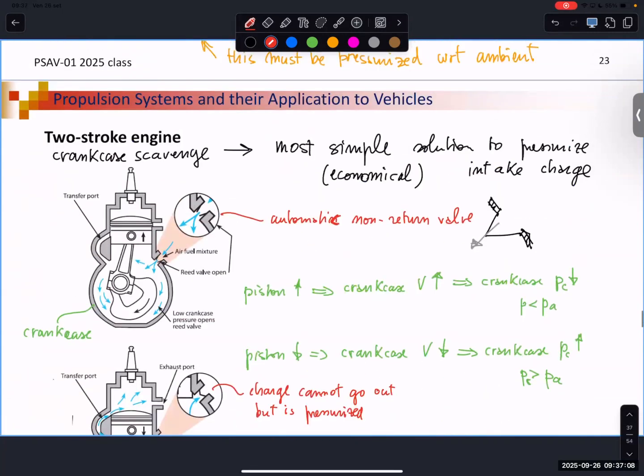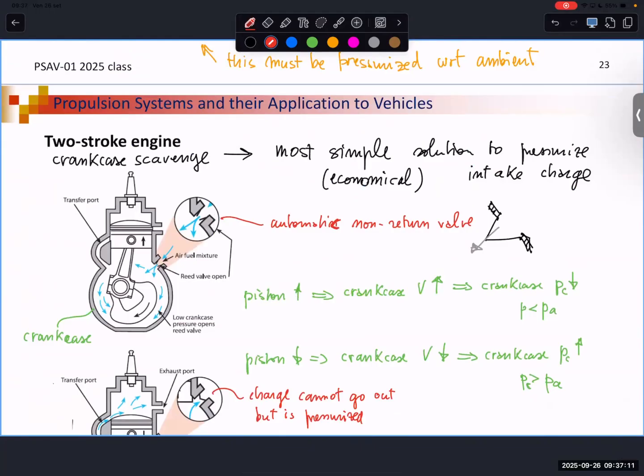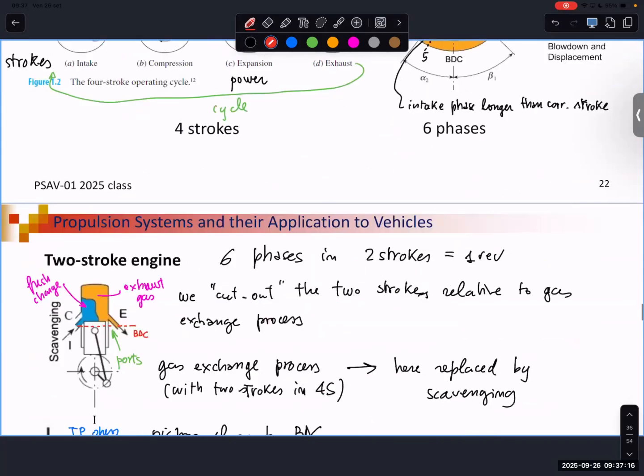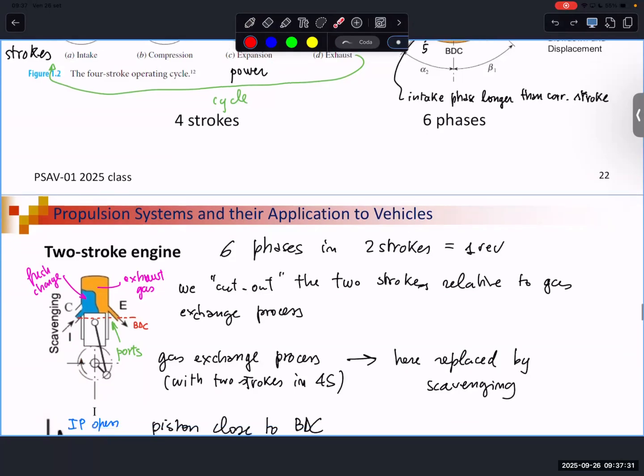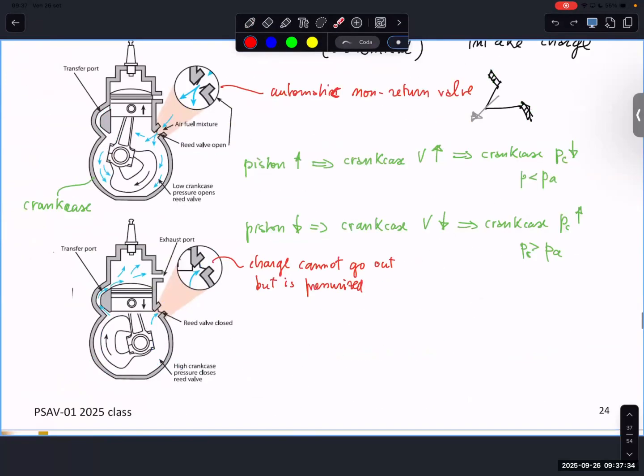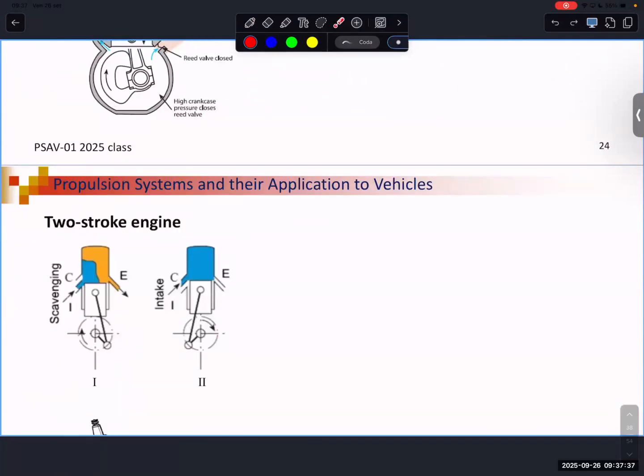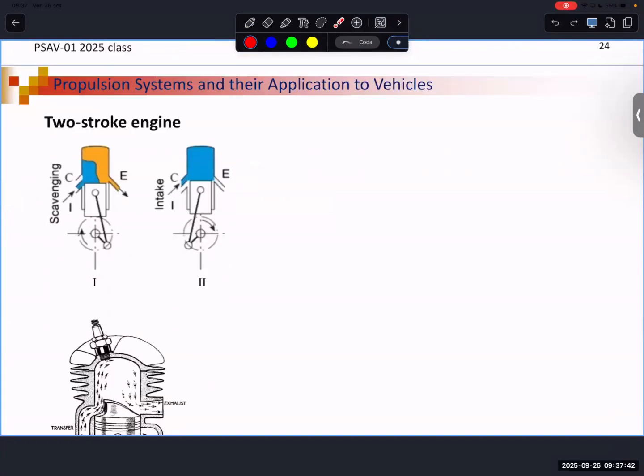So the piston goes up in the previous cycle. When it goes down, yes, the pressurization. At a certain point, when you reach the bottom of the center, this air from the crankcase will reach the intake port. So this is what we were discussing as scavenging.